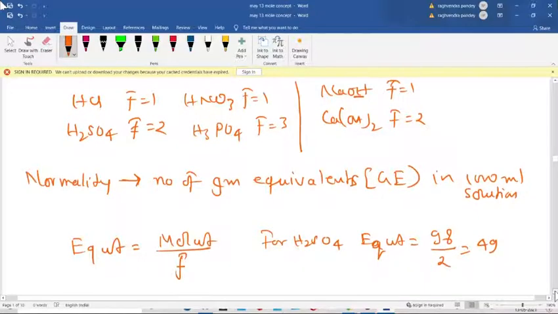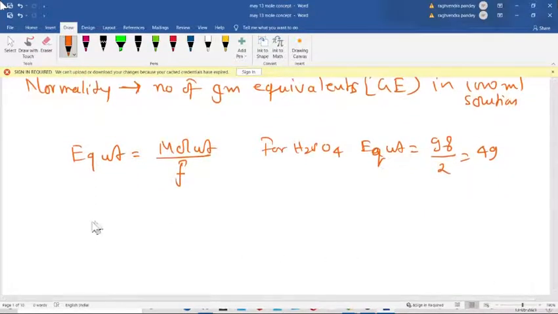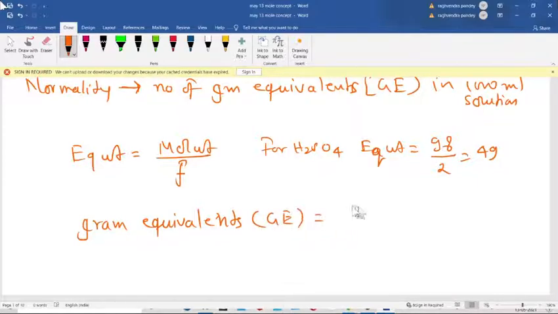Now when we write gram equivalents, the gram equivalent or GE is the weight given in the question divided by the equivalent weight.